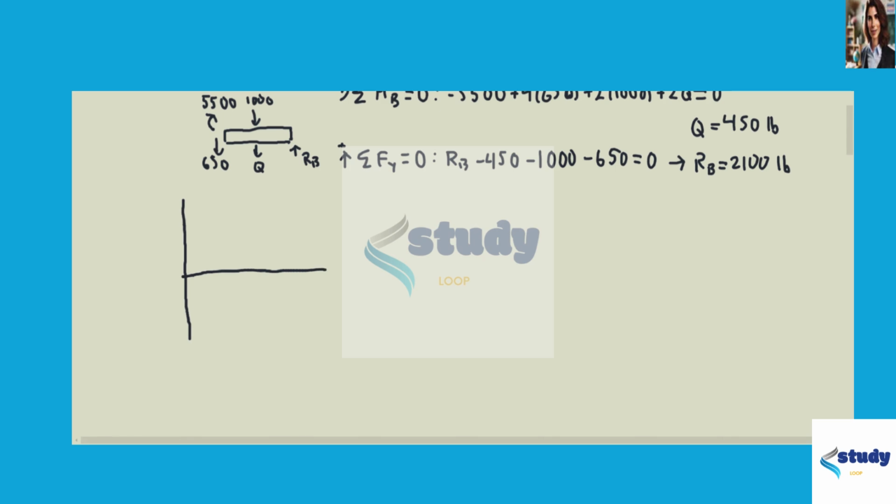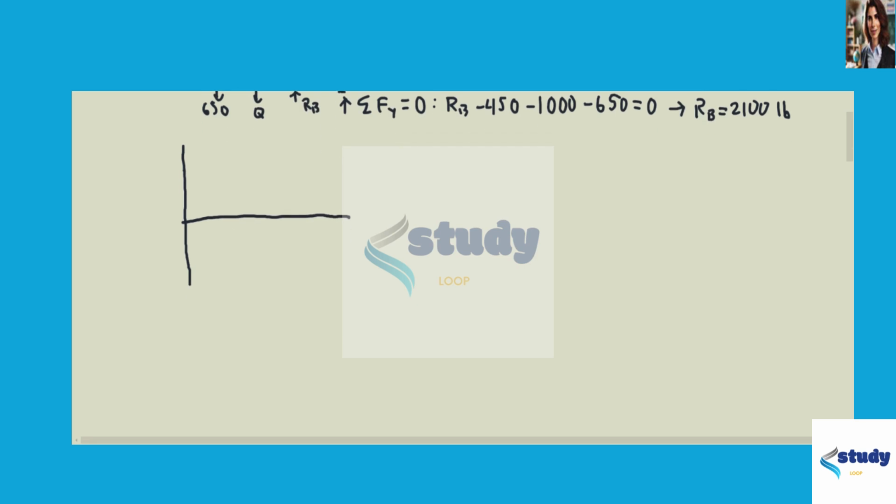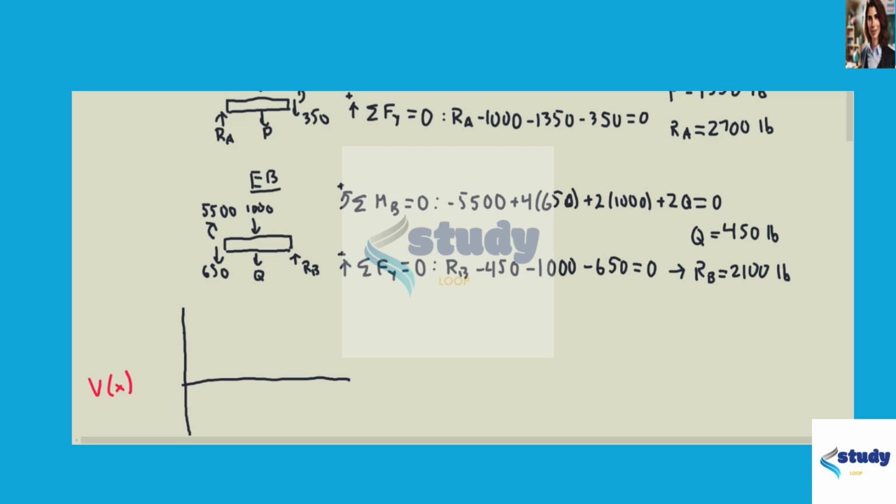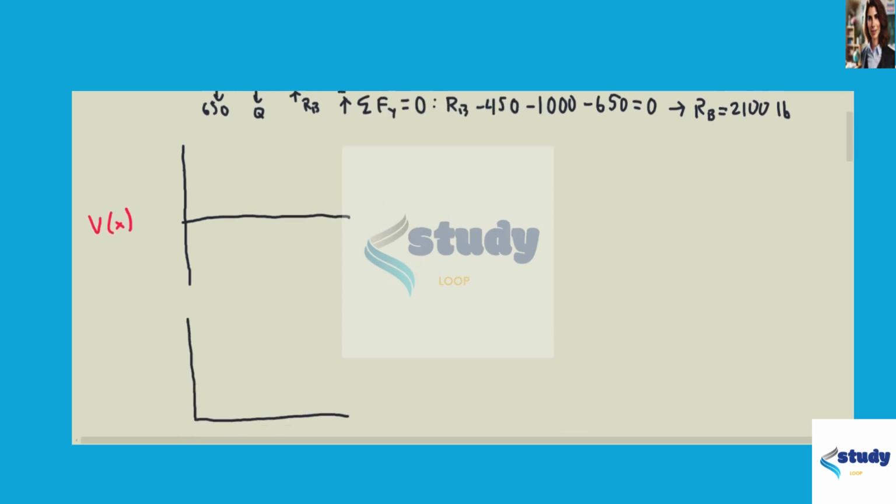And so we'll have our V, and we'll have our M. All right, so for our V of x, scrolling back up, we found reaction at A was 2,700. So we're going to start at 2,700.